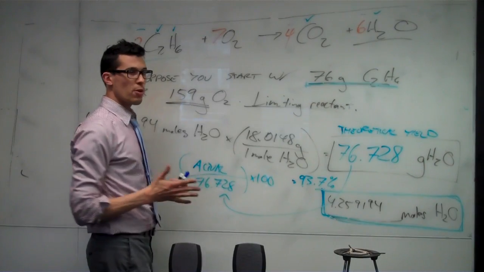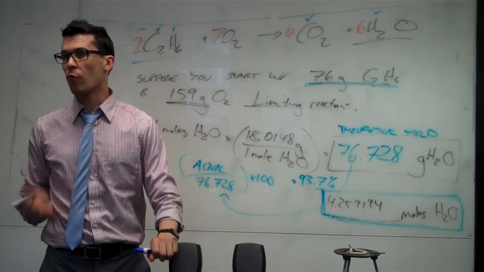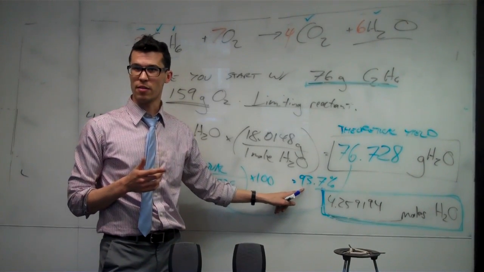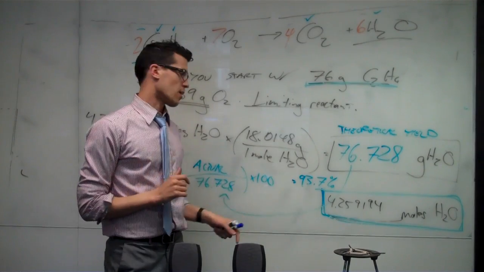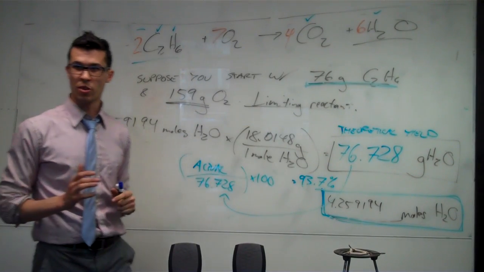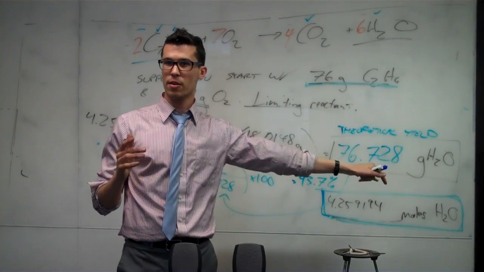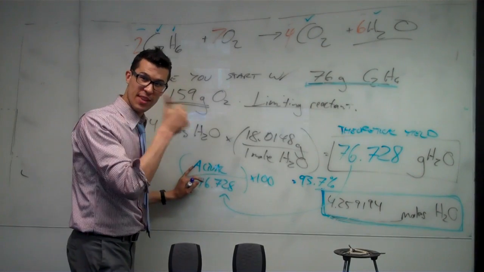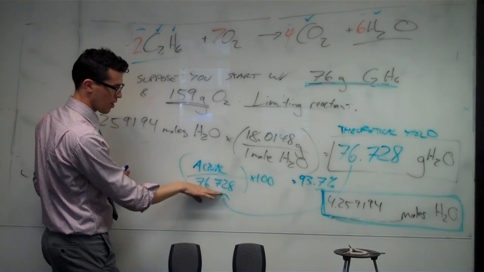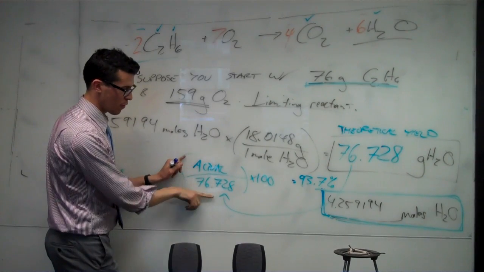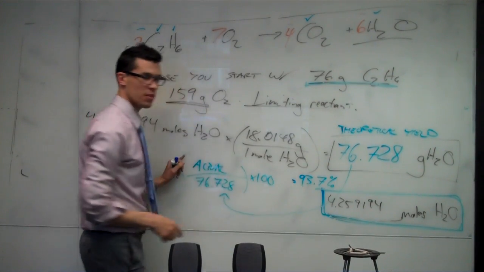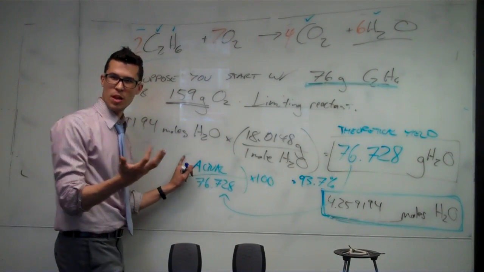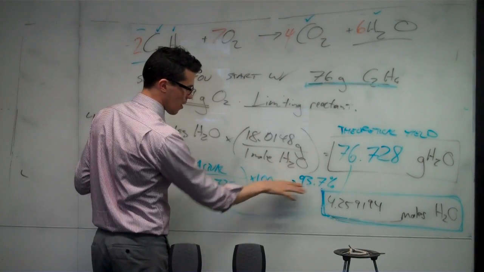Let's suppose that instead of giving you the actual, I give you the percent. You know what the theoretical is already because you just calculated it, and I'm asking you what the actual will be. You put your theoretical in this equation: actual over theoretical times 100 equals that percent yield, which is just a number that I pick in the problem.